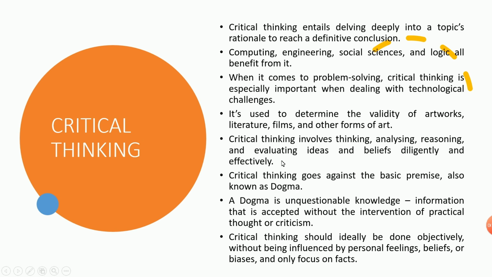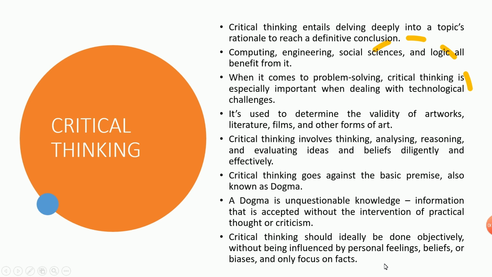It tries to attain scientific evidence. So critical thinking involves thinking, analyzing, reasoning and evaluating ideas and beliefs diligently and effectively. It should ideally be done objectively, without being influenced by personal feelings, beliefs or biases, and only focus on facts.